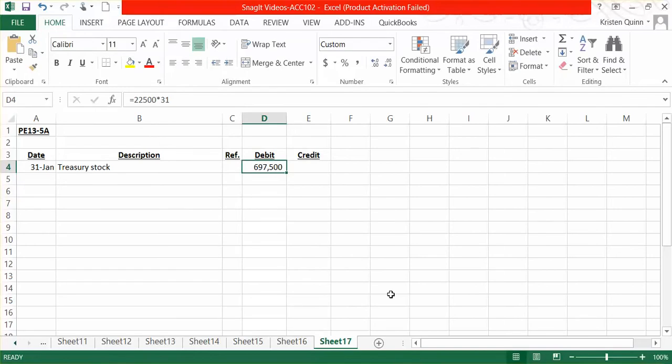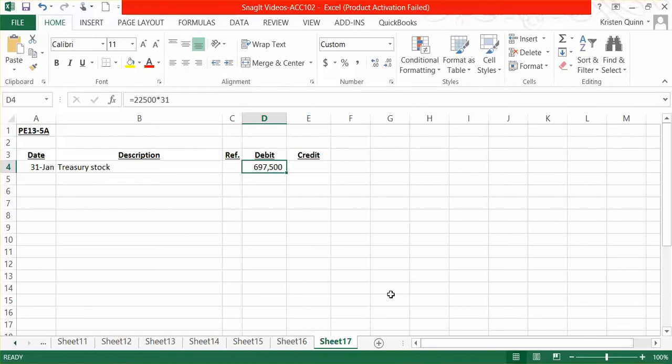So in this case, to reacquire 22,500 shares of our stock at $31 per share, it cost the company $697,500.